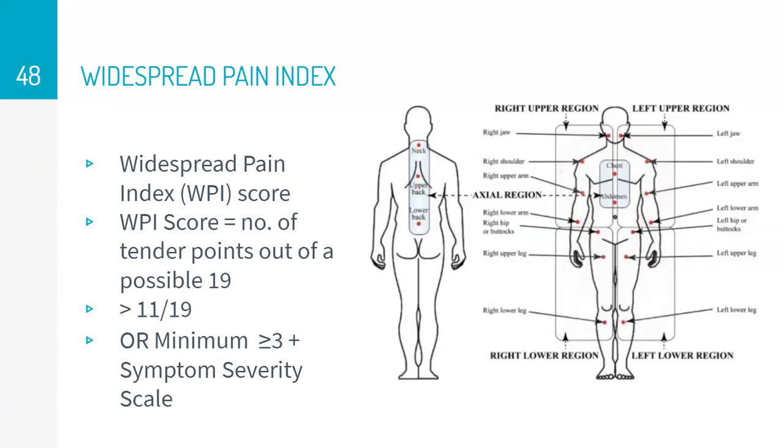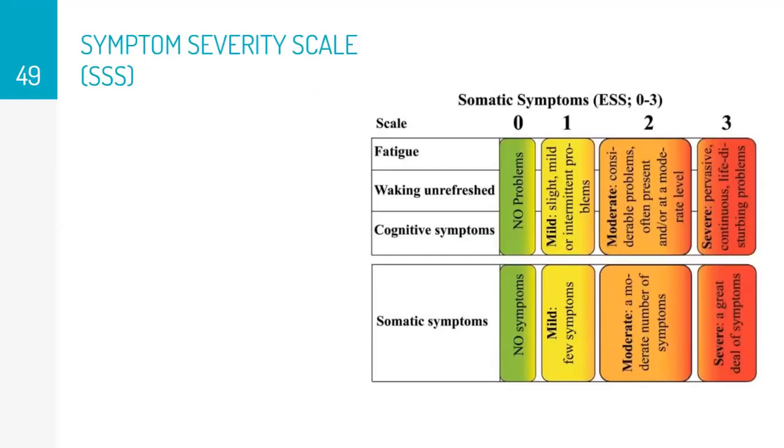As I mentioned, some of the newer ways of diagnosing fibromyalgia have changed. What they've done now is incorporate some of the other symptoms into the diagnosis. This goes into the symptom severity scale. On the right side here, you can see that four main symptoms are listed: fatigue, waking unrefreshed, cognitive symptoms, and somatic symptoms. Each one of them is rated from 0 to 3.